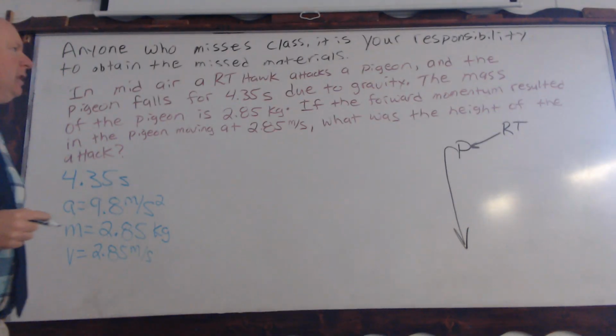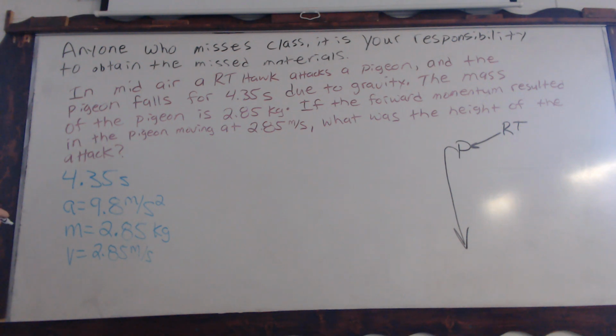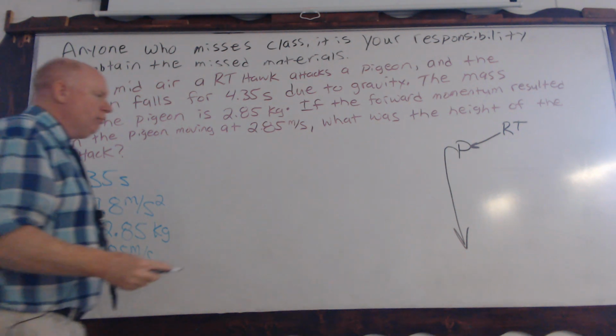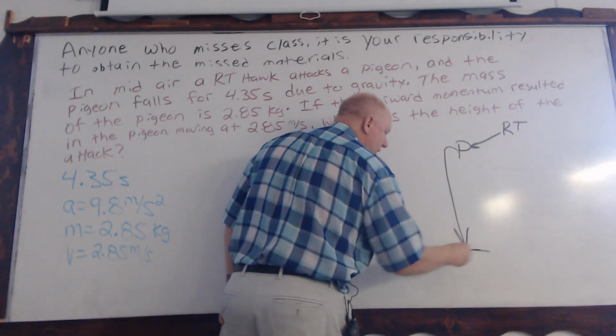Okay? The reason that that's important is what would it mean if we needed to calculate the momentum upon striking the ground? What two things would we need to know to solve for momentum? The final velocity and the mass. But that is when it's moving that fast down here.